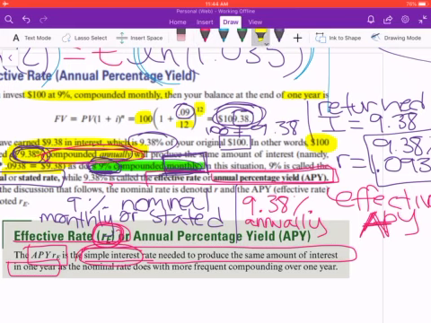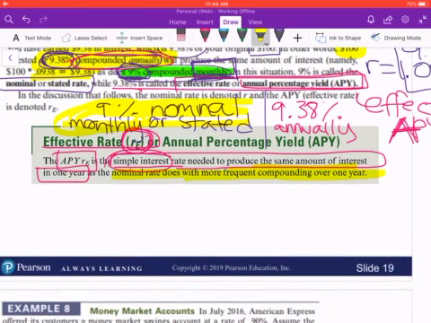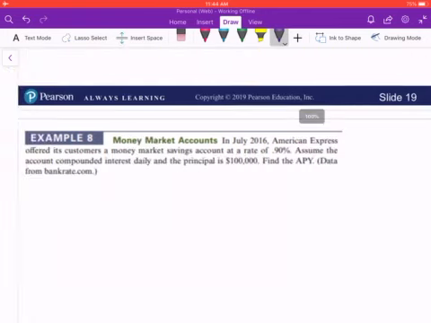For example, the nominal rate we used here was 9%, compounded monthly. So that's what we're comparing here: the nominal rate with more frequent compounded periods over 1 year. Again, we're just comparing 1 year. So T will be 1 year. And that's why we say that simple interest and the compounded annual interest will be the same.